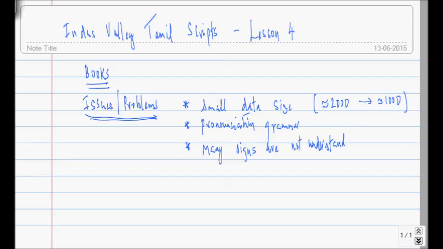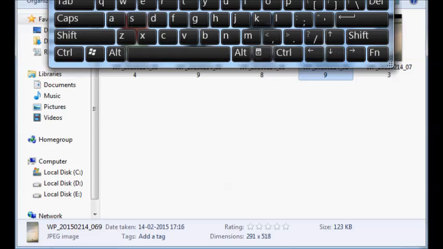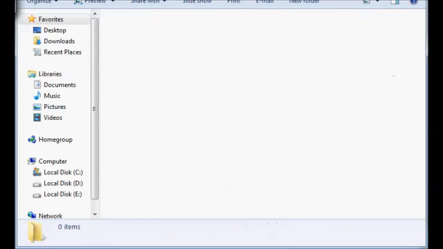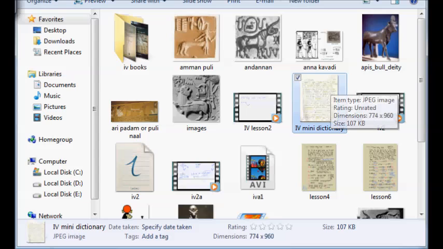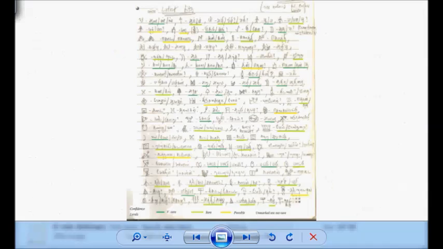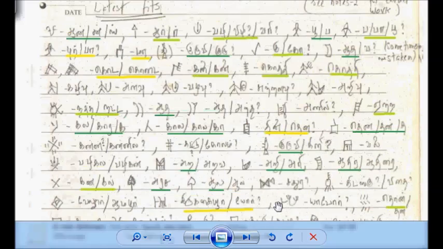In fact, I think I've already given a mini dictionary. Wait a minute here. Let me see. Okay, I've given a mini dictionary of about 100 signs or so on my Facebook page. You can see that some have high confidence levels because they appear many times.